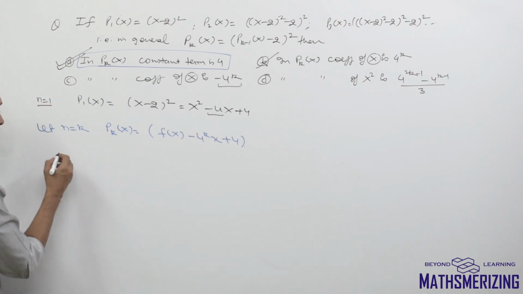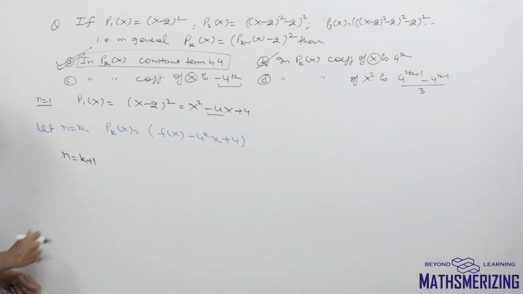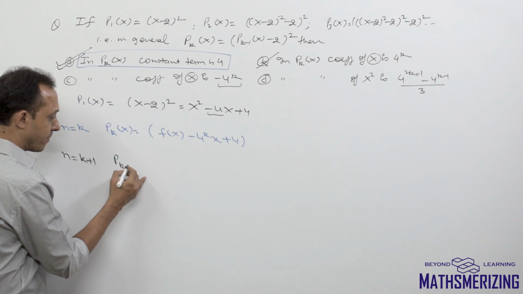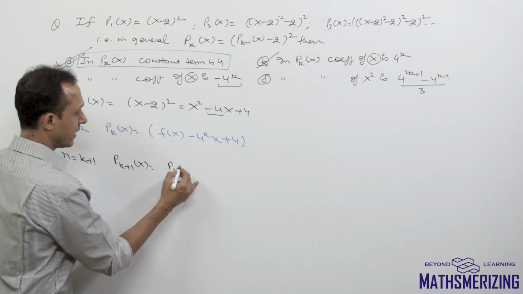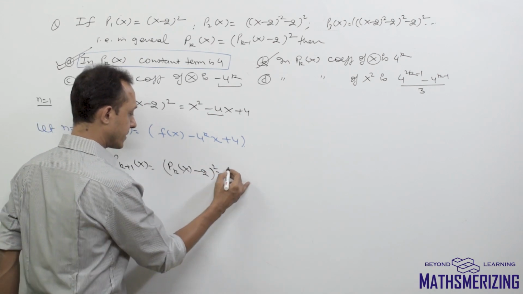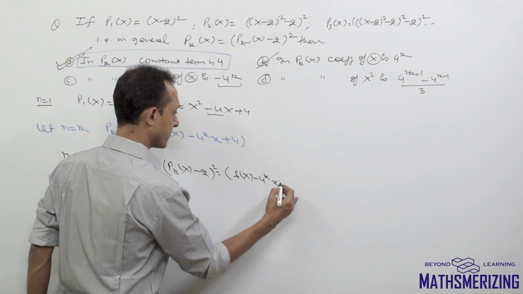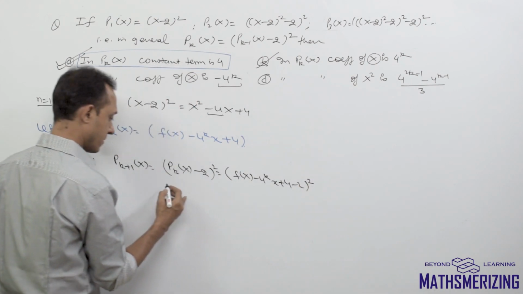Now I have to find it for n equals k plus 1. For n equals k plus 1, I'll write p(k plus 1) as (pk(x) minus 2) whole square. So I'll write it as (f(x) minus 4 to the power k x plus 4 minus 2) whole square.